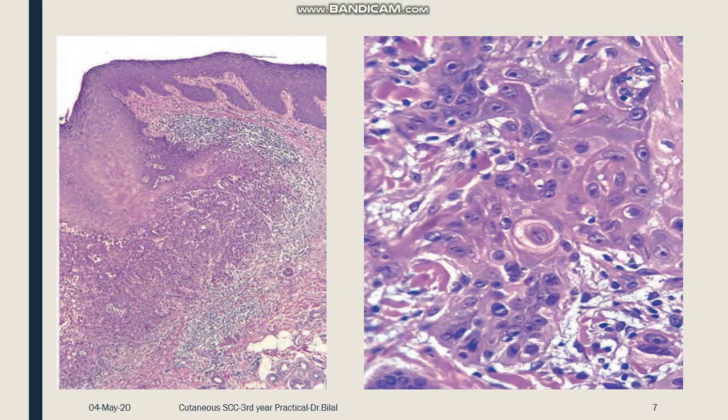Now, when we look at the histology, there are very specific points with respect to histology of a squamous cell carcinoma. Here, the picture I'm pointing to right now, you can see the surface. Just try to remind yourselves of the normal histology of skin, the different layers. This is the surface of skin.